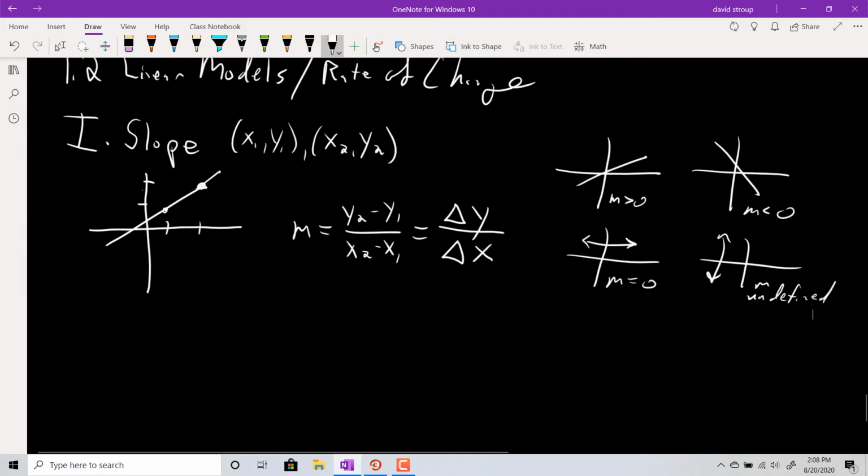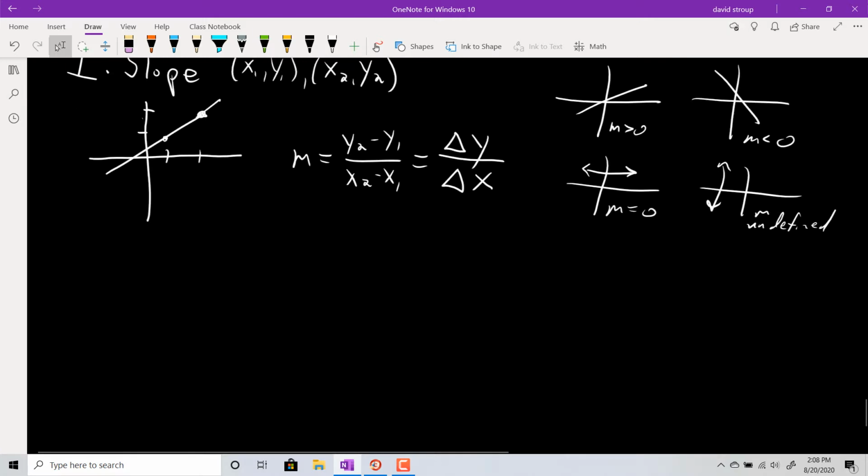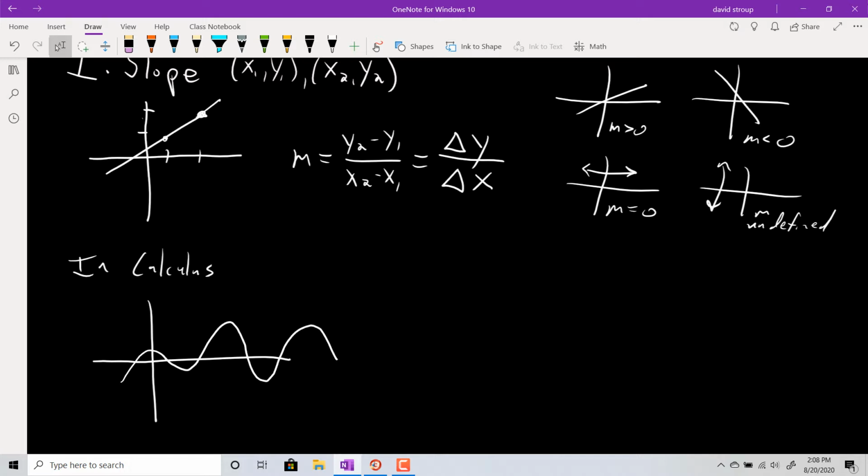Okay, what we're trying to do in calculus is to extend this idea of slope to more complicated curves, right? So we'll have maybe something which has a bunch of bumps in it, or something like this, I don't know. And at any point, we want to know the quote-unquote slope.